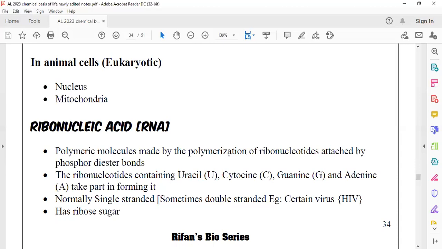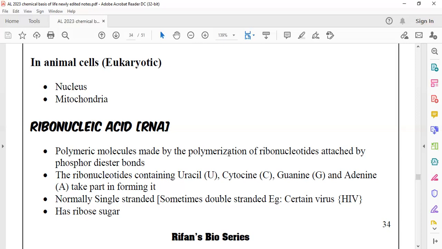You have a certain idea regarding the DNA, but if you take RNA, I don't think you have that much idea regarding RNA. Here it is time to introduce you.